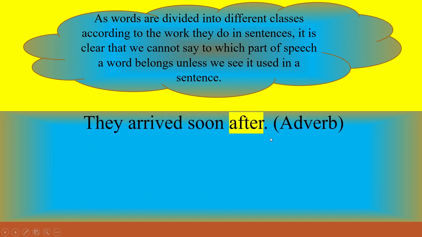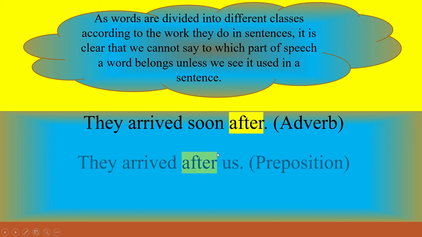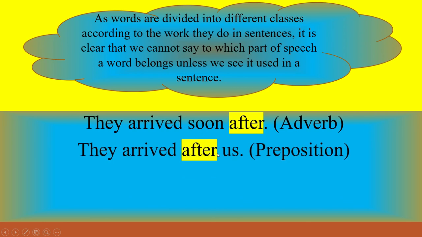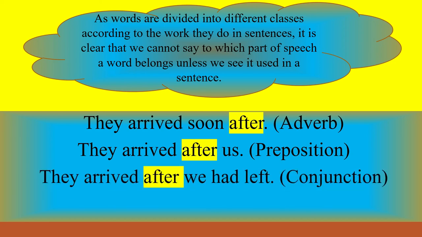Let us observe with one example here. They arrived soon after. Here after is an adverb which describes when they arrived. Next, they arrived after us. Here after is a preposition. They arrived after we had left. Here it is a conjunction. So the same word after is used as an adverb, preposition, conjunction.